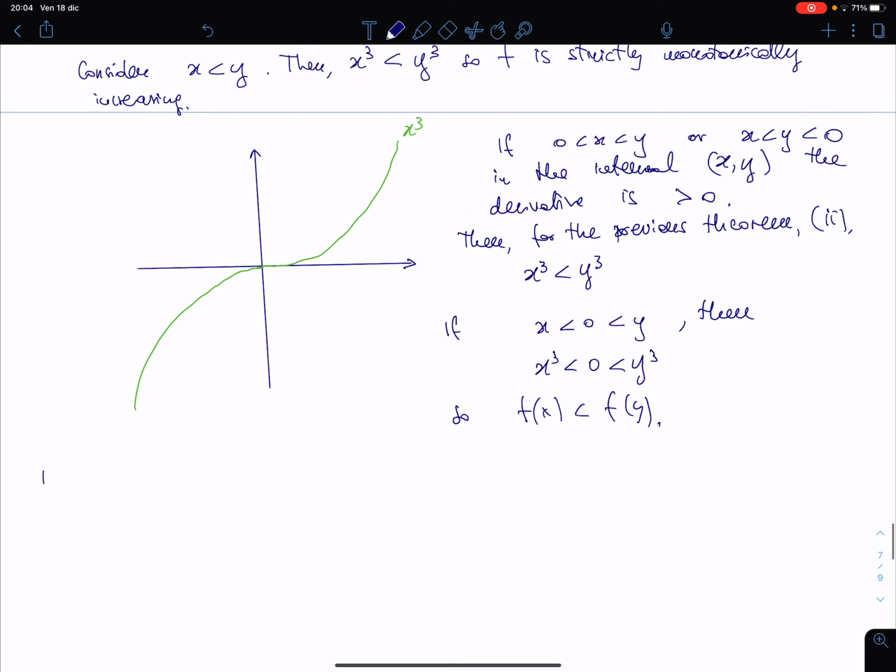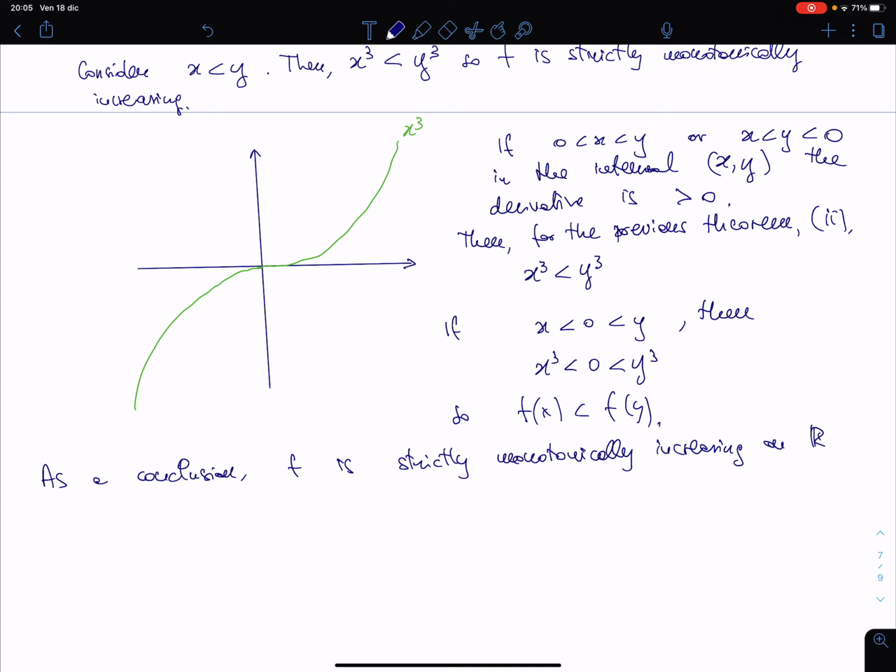As a conclusion, f is strictly monotonically increasing on the whole real line. Okay?